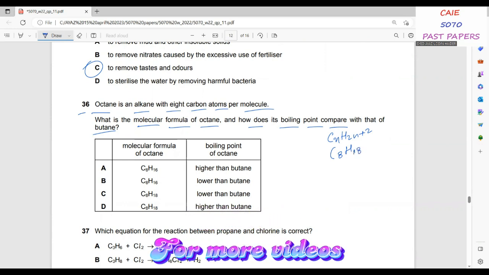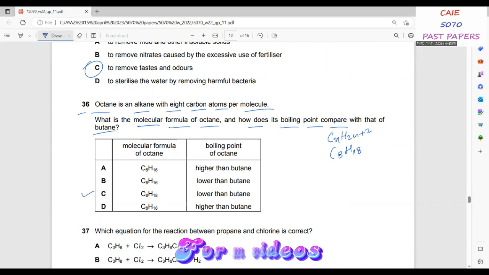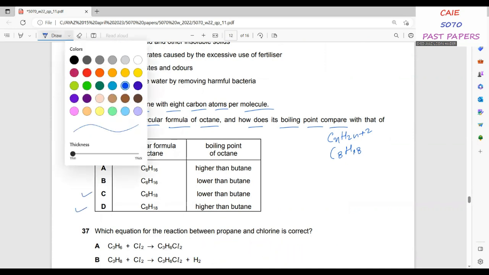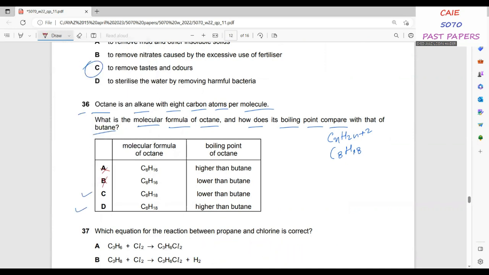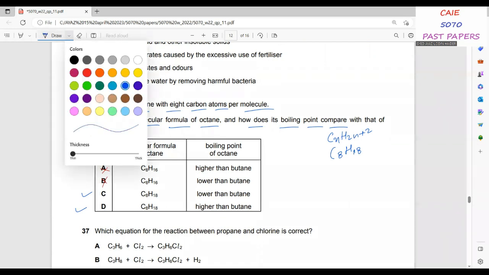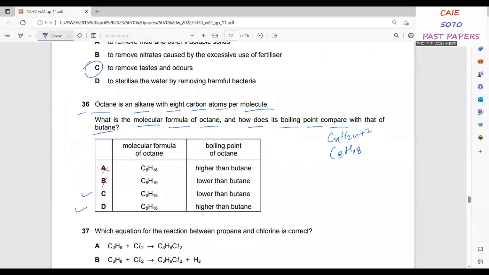So C8H18 will be the right formula for octane. So choice C or D will be the correct one. Both choices A and B are incorrect. Now, what about the boiling point? Octane is the higher member than butane, so definitely its boiling point will be higher than butane. So D will be the right answer.